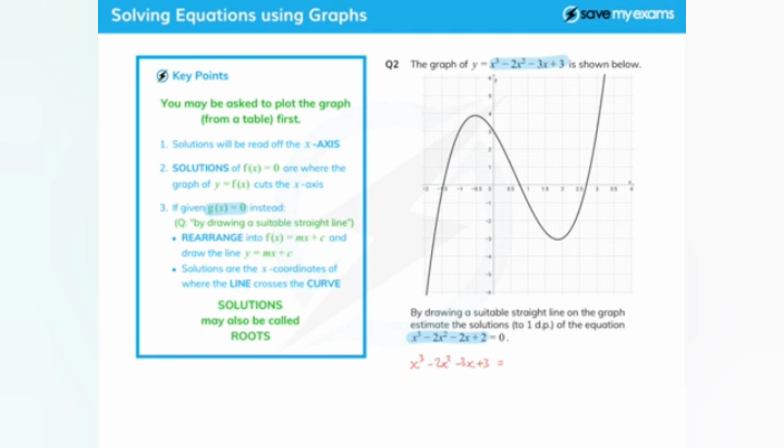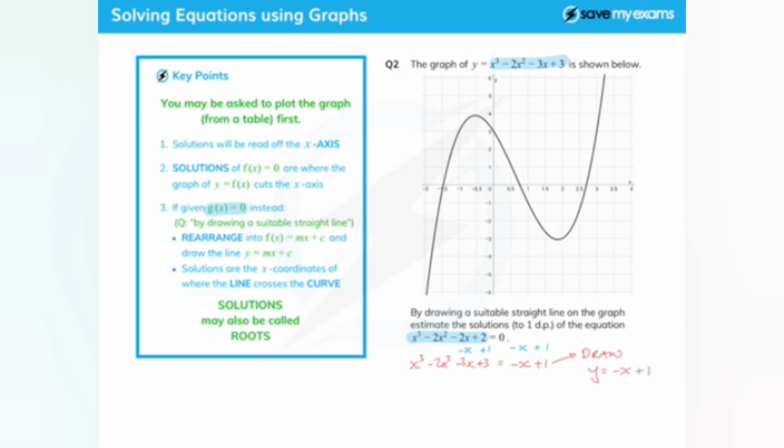Minus 2x, take away an x gives me minus 3x, and add the 1 takes me from 2 to 3. But it's an equation, so I have to do the same to the other side, minus x and plus 1, and that gives me, unsurprisingly, minus x plus 1 on the other side. So now we simply draw y equals minus x plus 1.